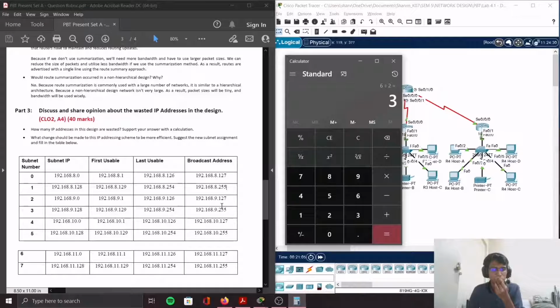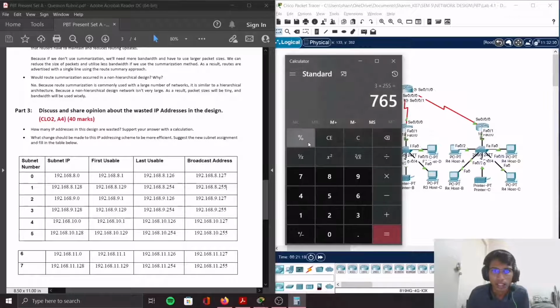Each of those uses 255 IP addresses, so we multiply by 255. The total of the 6 subnets is using 765 IP addresses.